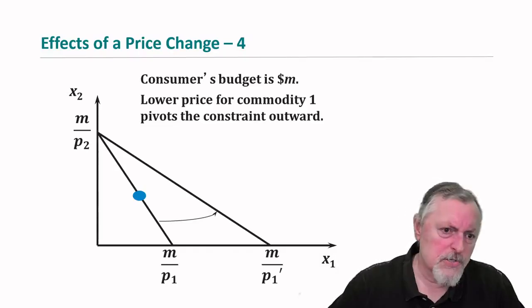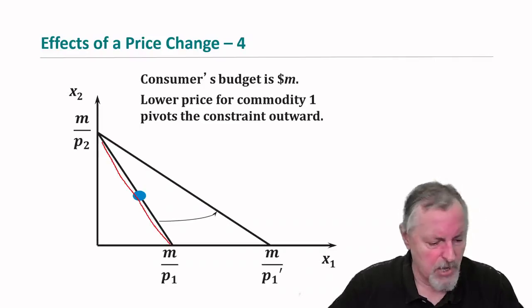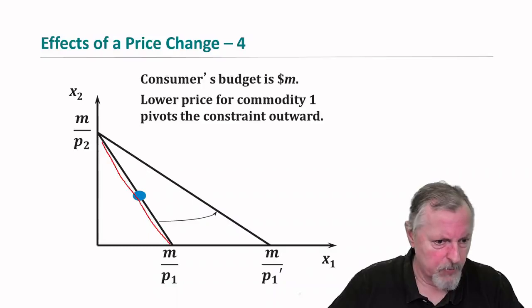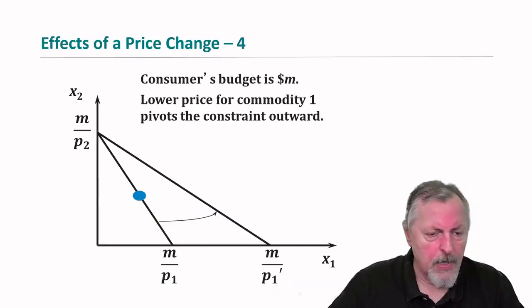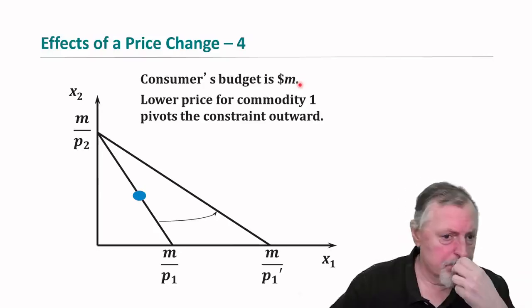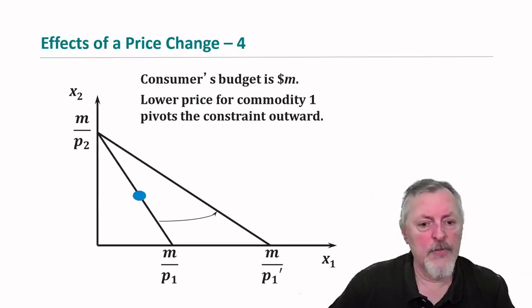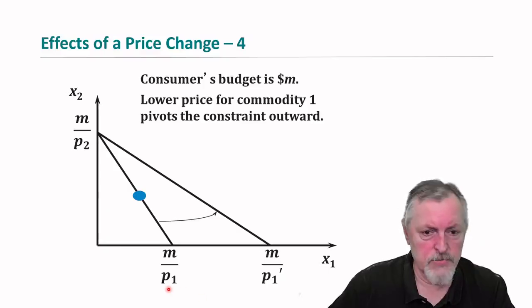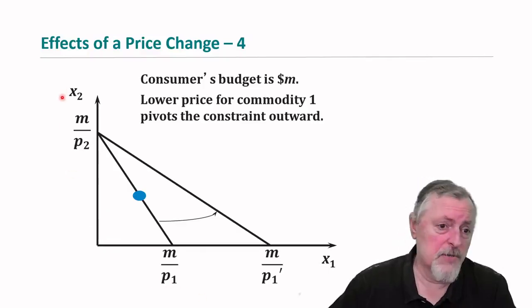This person starts out on this budget line, and they're on that budget line because they have this number of dollars and the price of thing 1 is P1 and the price of thing 2 is P2.